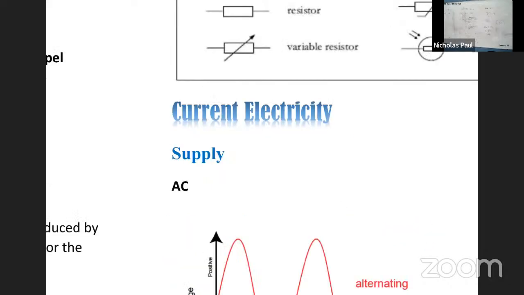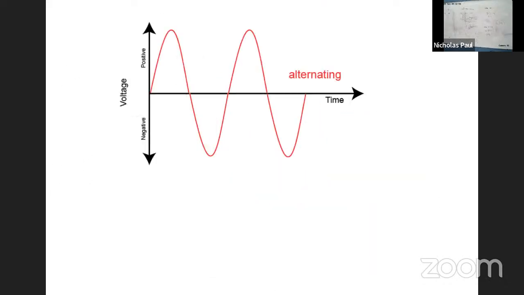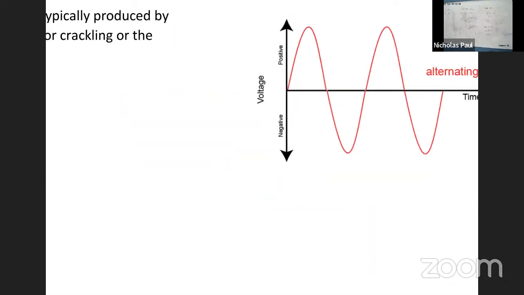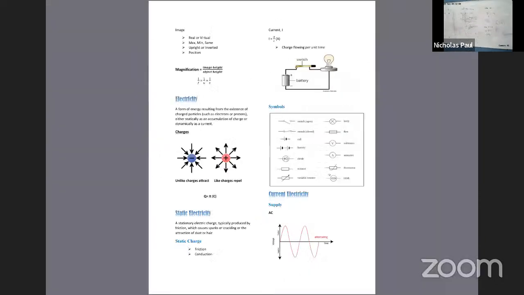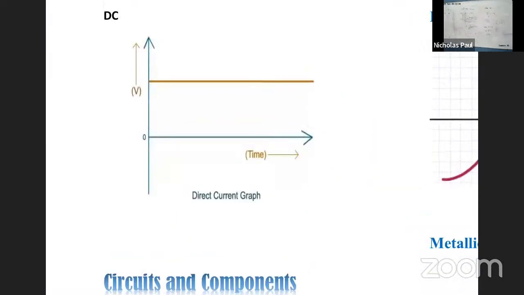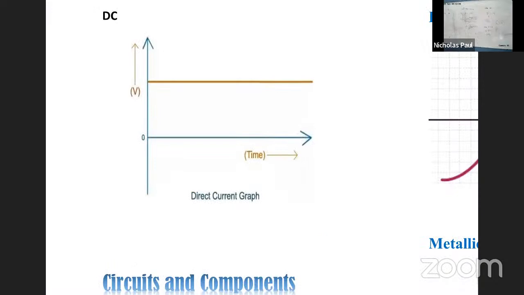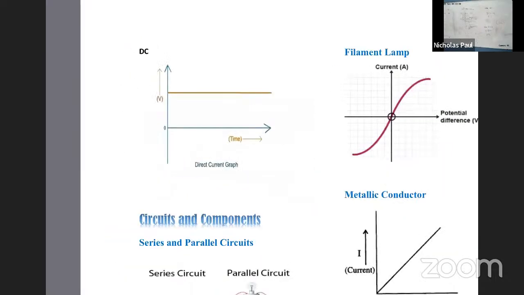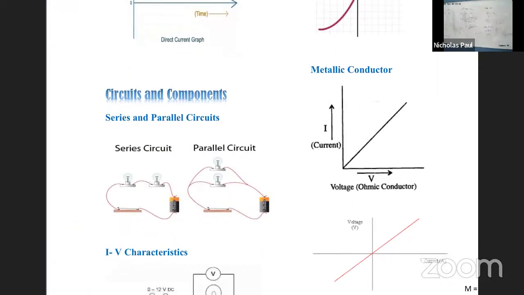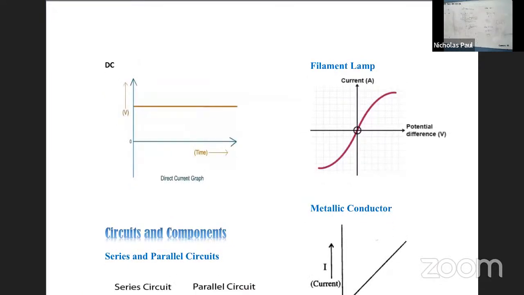You have two types of supply, alternating and direct. How do you move from alternating to direct? You use the diodes, and it's called what?